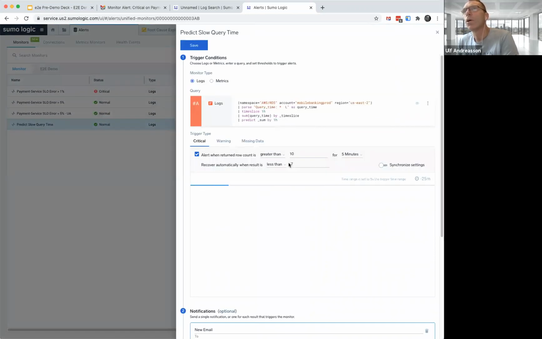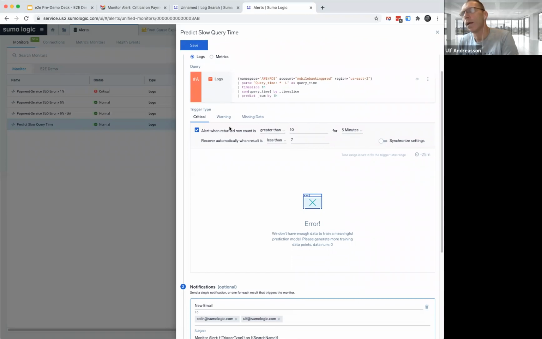I would create an alert using the predict operator in Sumo that would not just find a query that is slow, but also predict the future of that. So if that happens, I certainly want to be notified, and I can set the conditions of my definition of a slow query and things like that.